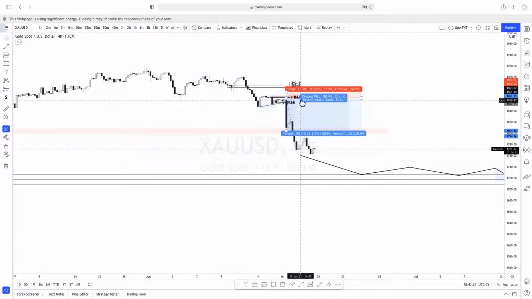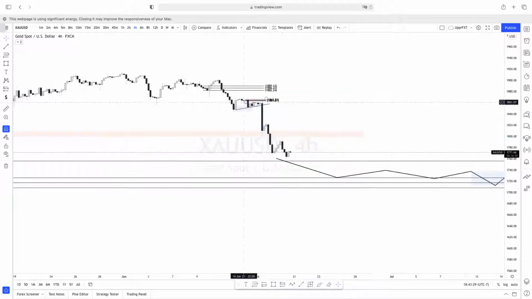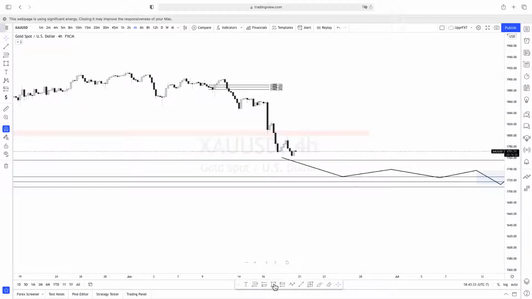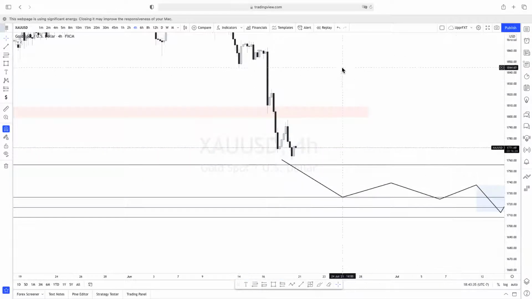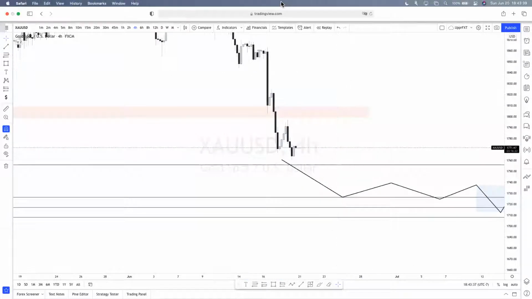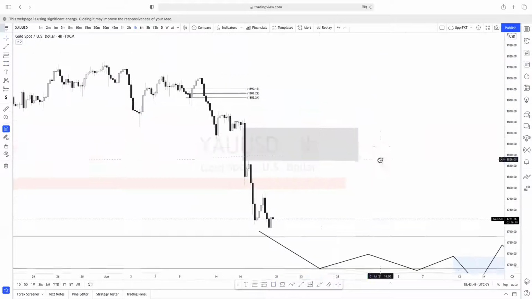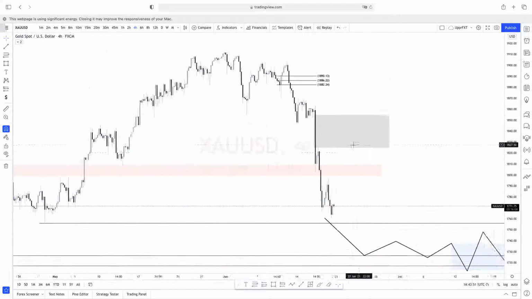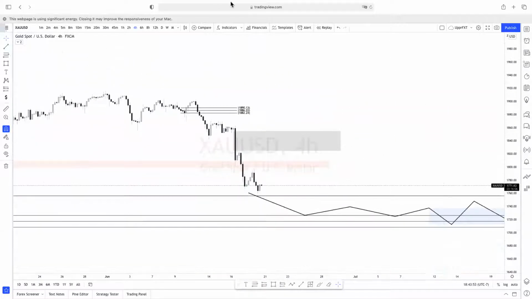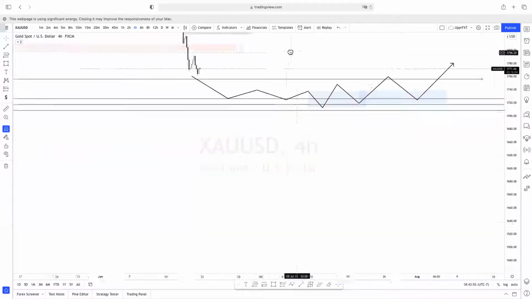Definitely, if we want to go ahead and look at what we just talked about, what this whole Zoom was about. What is there? Am I good? Okay, hope I'm good. There's an imbalance right here that is yet to be mitigated at all.